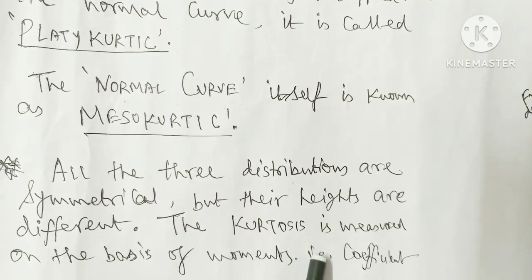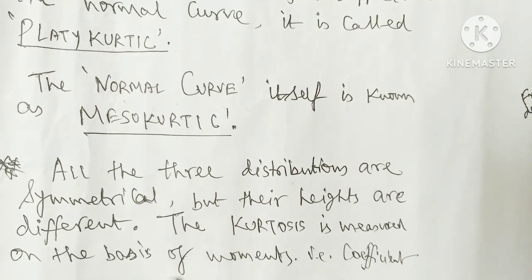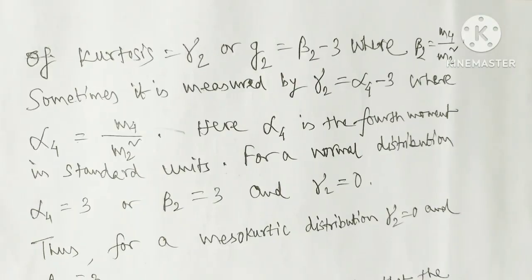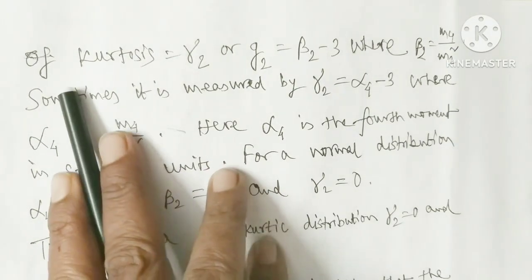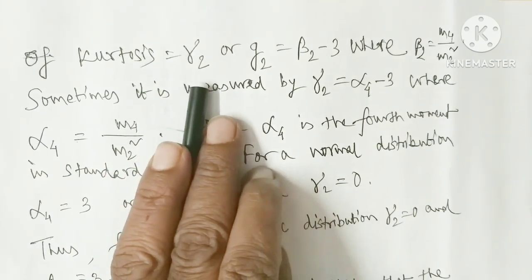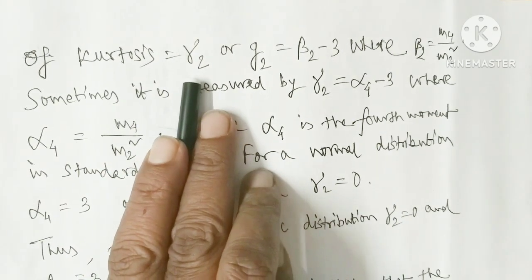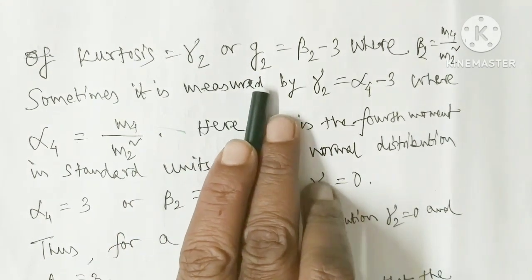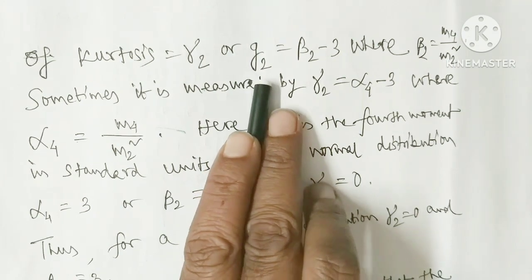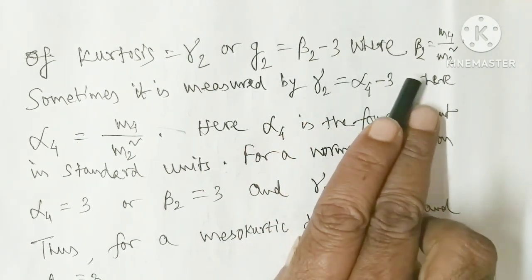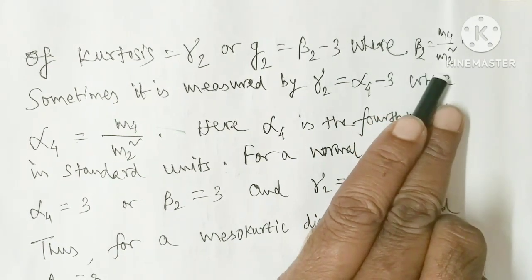Kurtosis is measured on the basis of moments, that is, the coefficient of kurtosis, which is denoted by gamma 2, or in some books written as G2. Gamma 2 equals beta 2 minus 3, where beta 2 equals M4 by M2 squared.